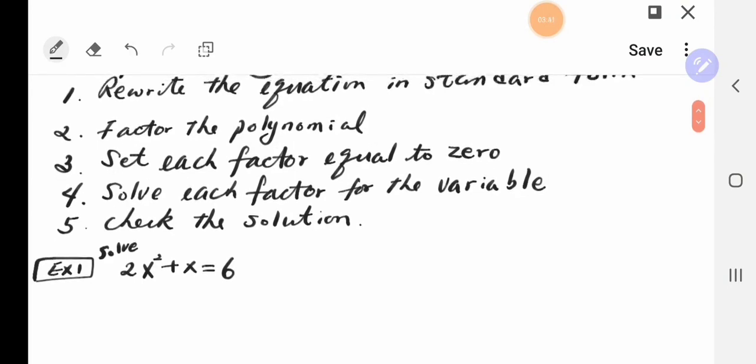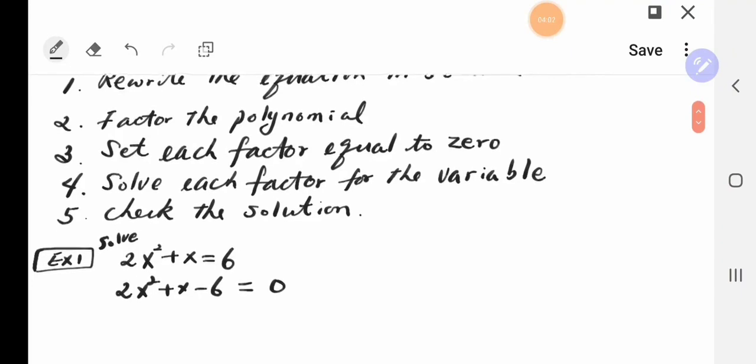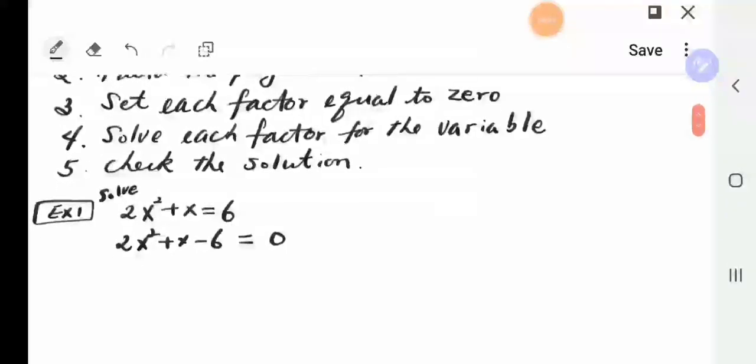When we solve this one, make sure to rewrite the equation. Collect all the terms to one side. So let's move 6 to the left so that the right side of the equation is always 0, because we want to factor the left-hand side of the equation. The second step is factor the polynomial.